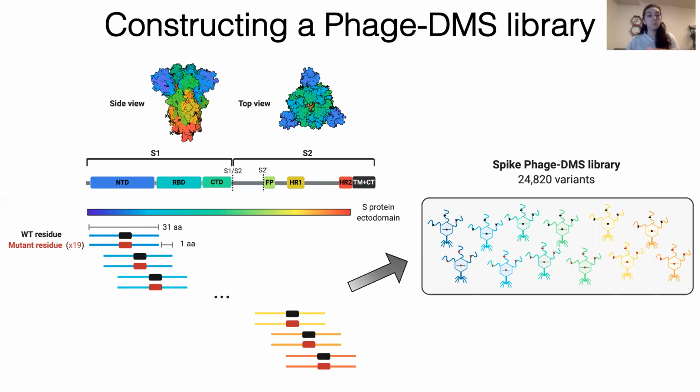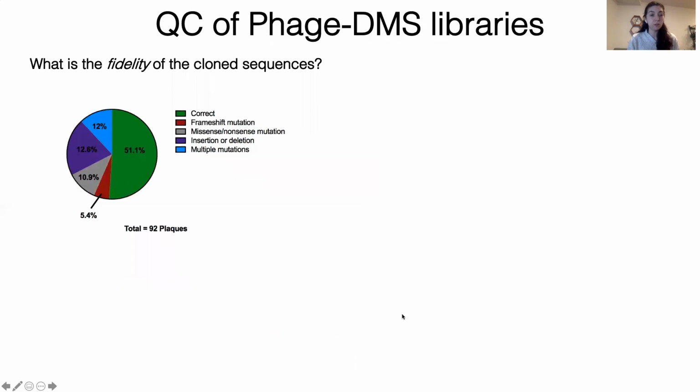Once we build a Phage-DMS library, there are a couple quality control checks that we do in order to ensure that the final library contains a good representation of all the sequences that we originally designed. One check that we make is to Sanger sequence a number of individual phage plaques from the library.